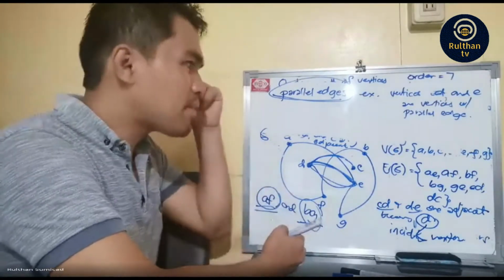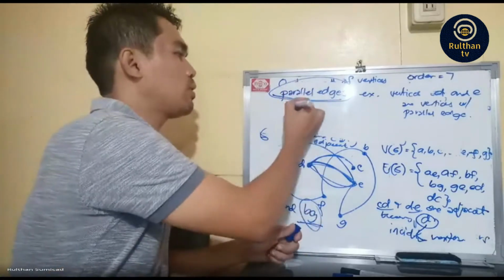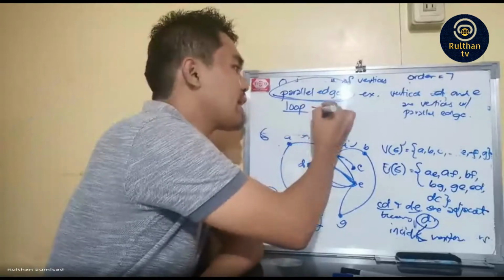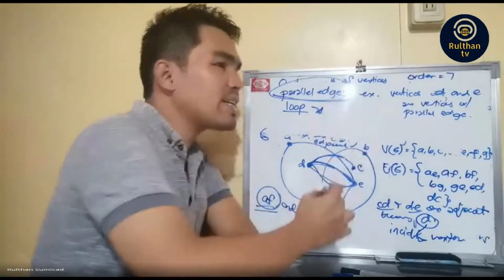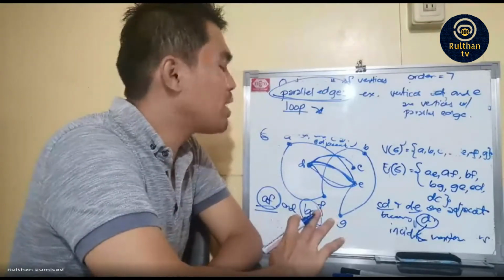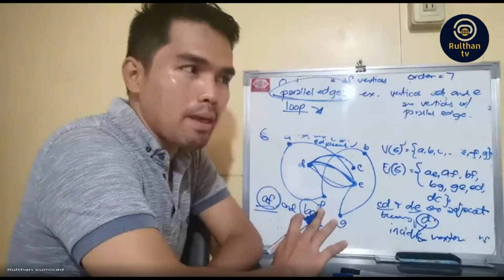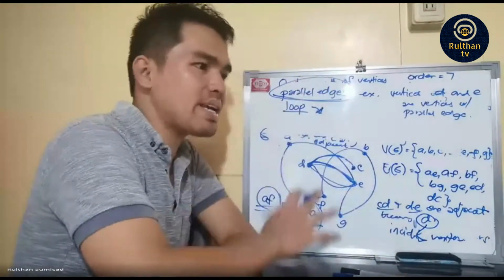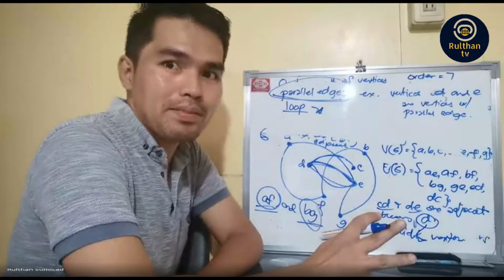And at the same time, there is what we call a loop. What is a loop? We will have a loop when we have an edge whose beginning vertex and end vertex are the same. Okay, that's a loop.